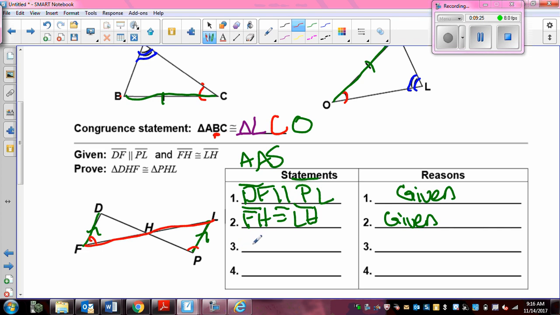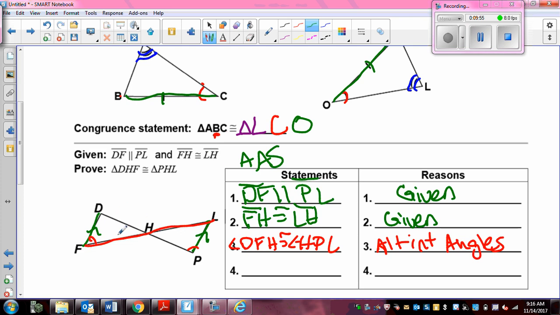So DFH is congruent to HPL. And that is alternating interior angles, just like we did before, almost always. And then we know that FH is congruent to LH.